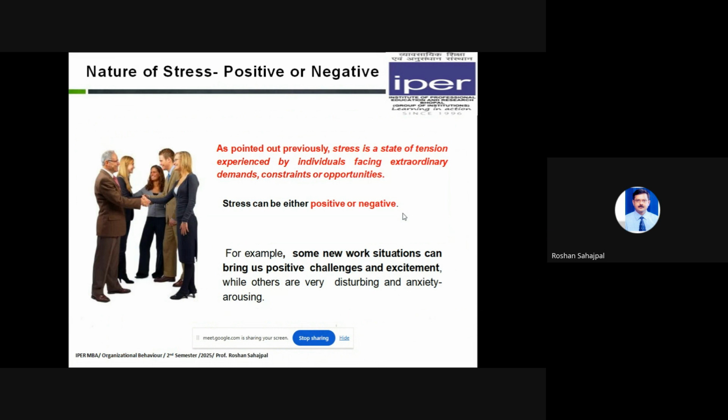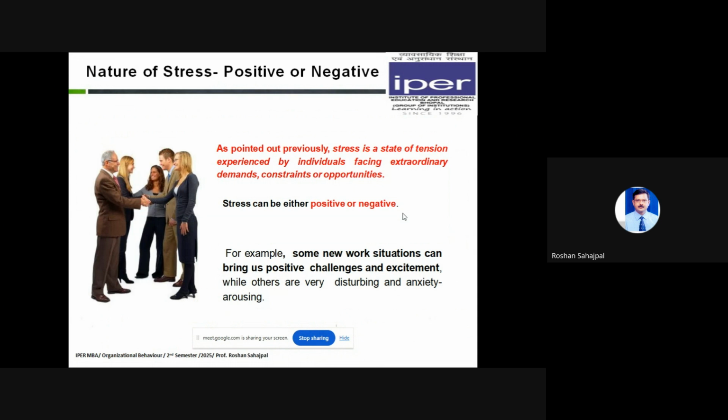Now, as I've explained in the previous slides, stress can be of two types, positive or negative. Stress is, of course, a state of tension experienced by individuals because of extraordinary demands of the workplace, or there are some constraints or some opportunities. So stress can be positive or negative.